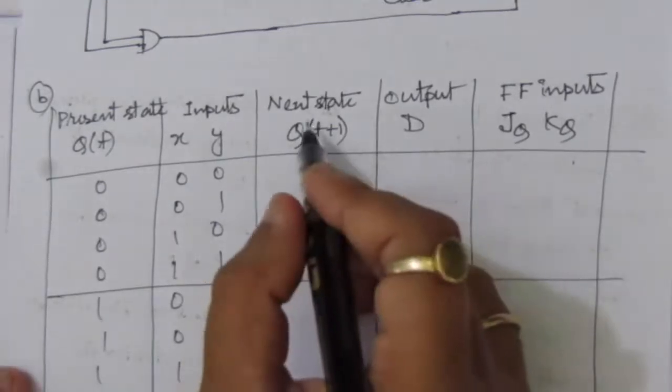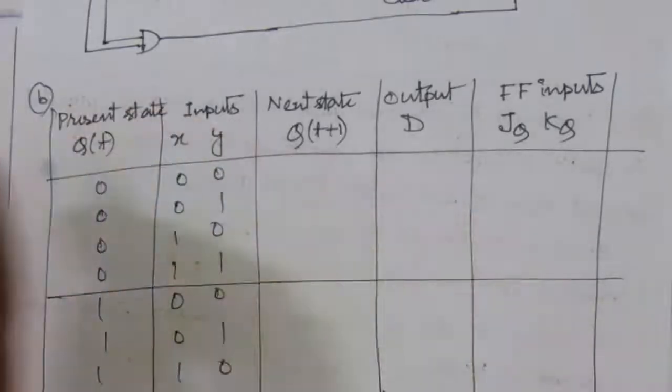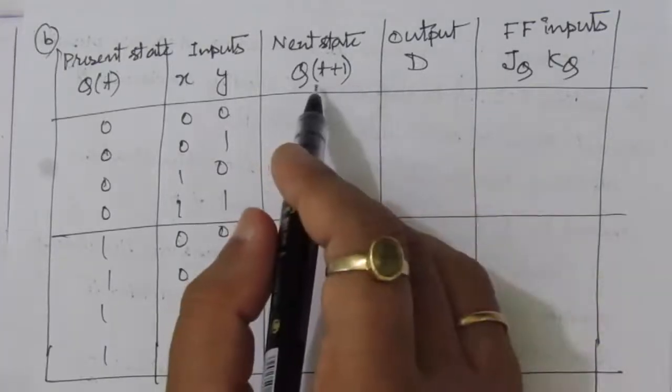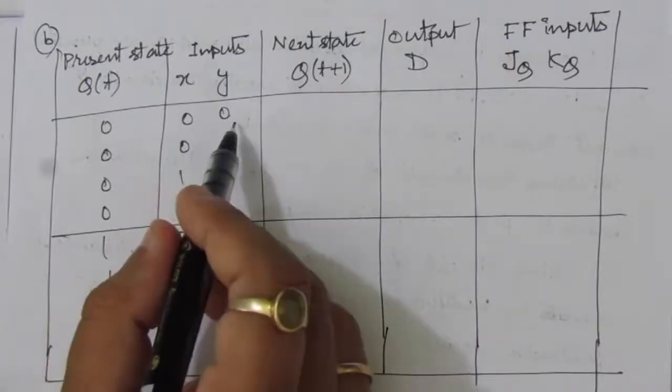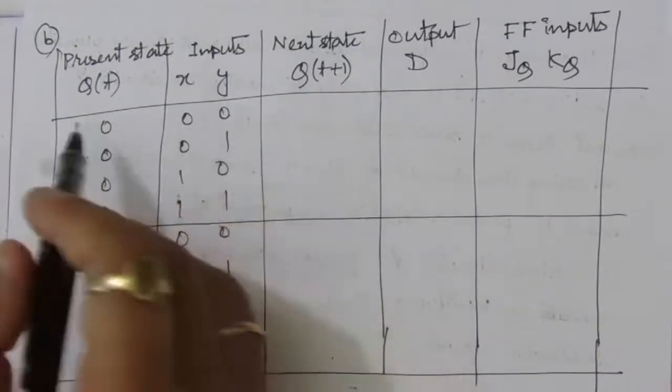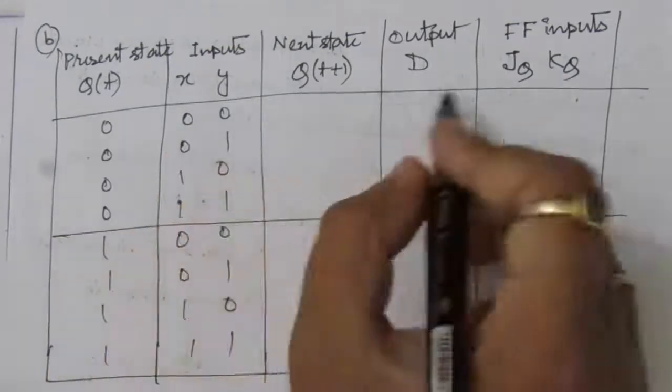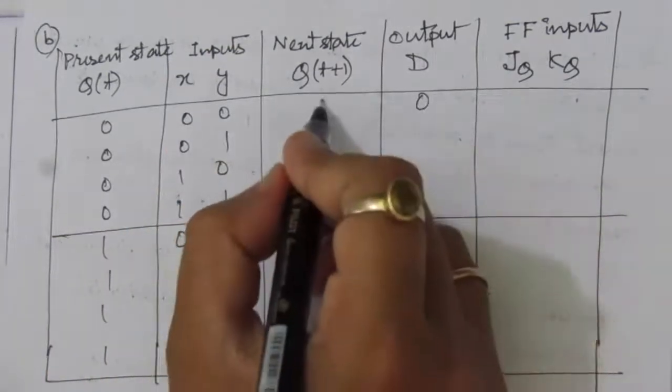So now we have to find out the next state Q of t plus 1. For finding out this output D, that is the difference, and this borrow out, we have to consider x minus y, and then we have to subtract the borrow in. So here we'll have 0 minus 0, so the difference is 0 and borrow is also 0.